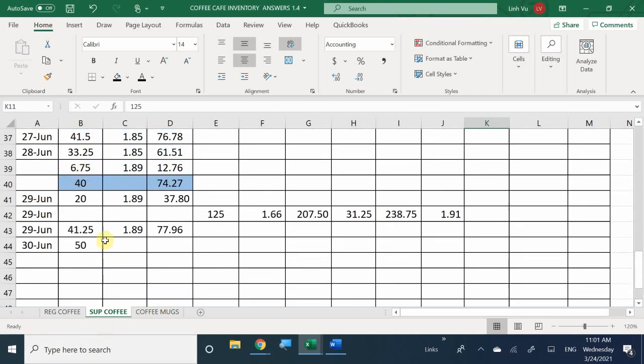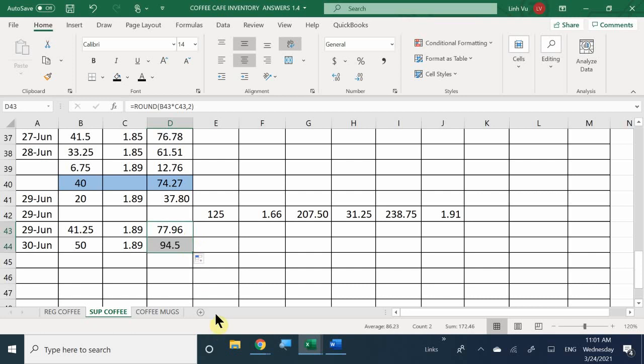So here, let's calculate it, right? It was for 189. So how much is my cost of goods sold? 94.50. Okay.